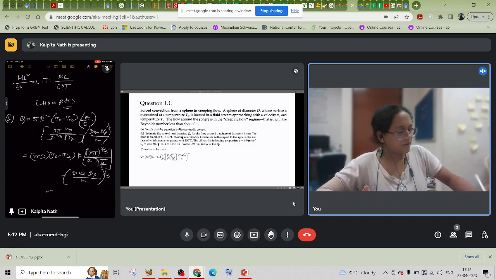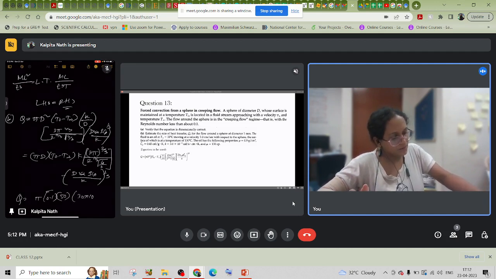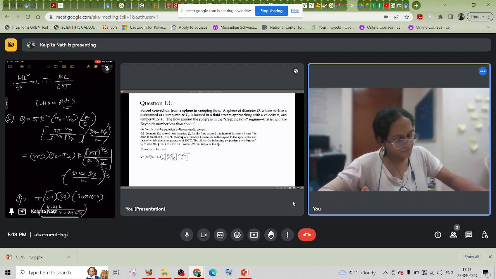So we'll fill everything in with the CGS units that are already given in the question. So we get Q as pi into 0.1 into 50 into 30 into 10 to the power minus 4, into 4.462 by 5.04, into 0.89297, and this is (0.1 into 1.0 into 0.9 into 0.45 by 3 into 10 to the power minus 4) to the power 1 by 3.